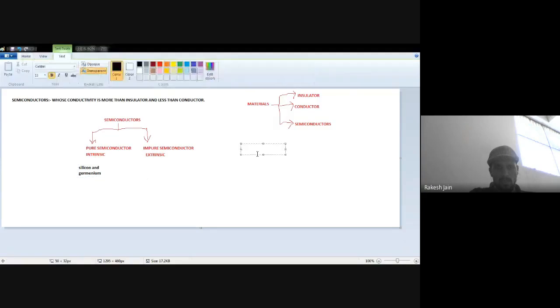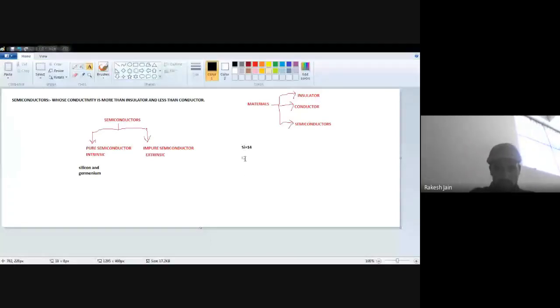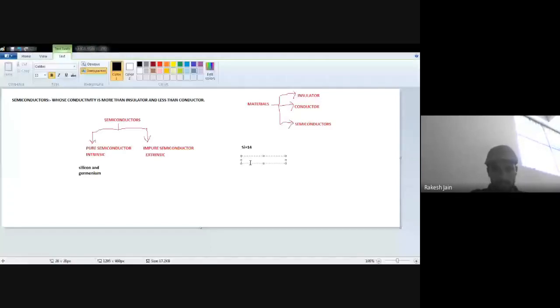The outermost orbit has 4 electrons, that is tetravalent. Tetra means 4. Silicon's atomic number in the periodic table is 14, and germanium's is 32.